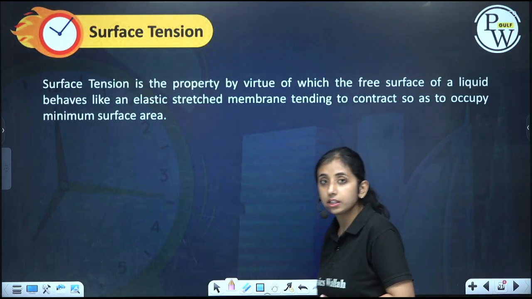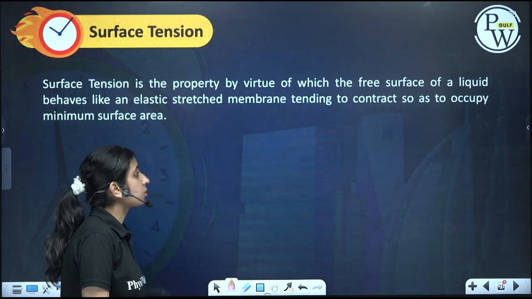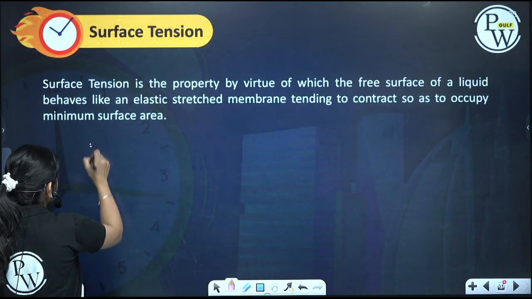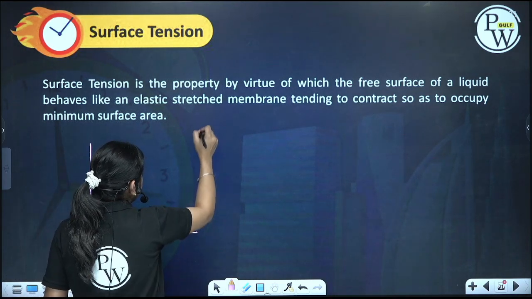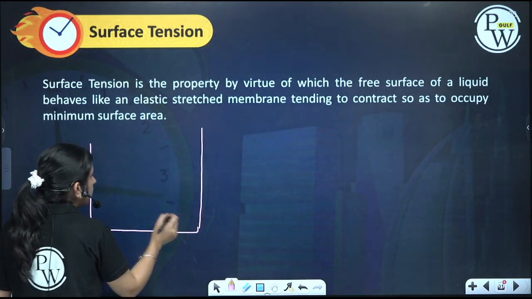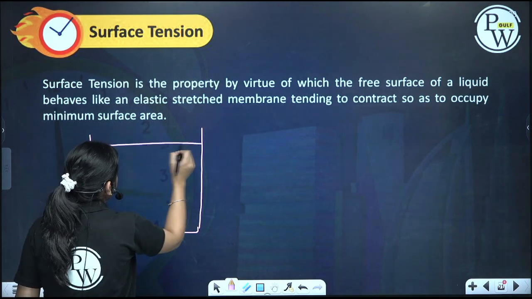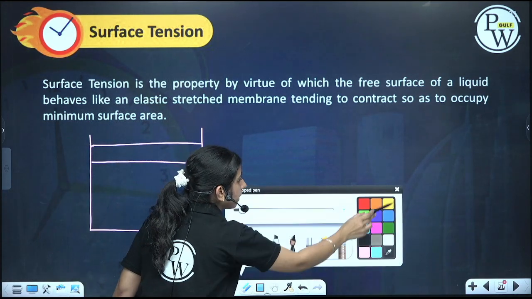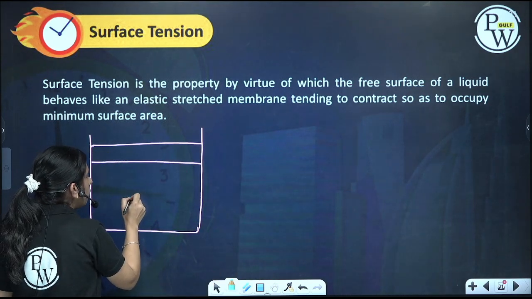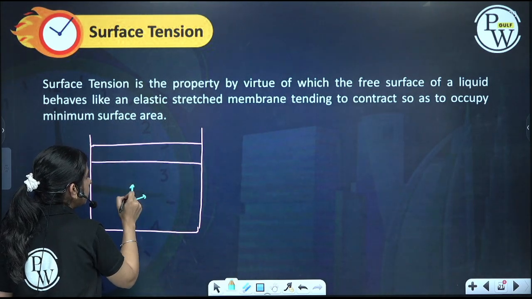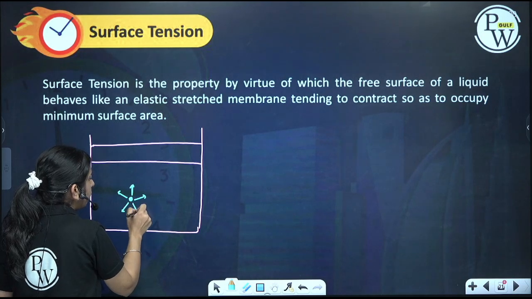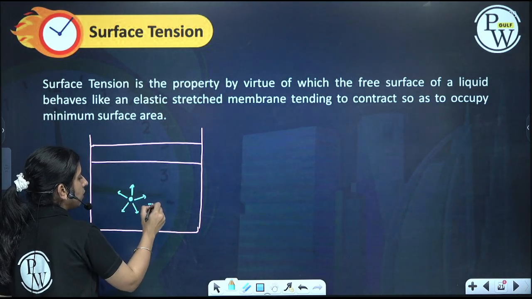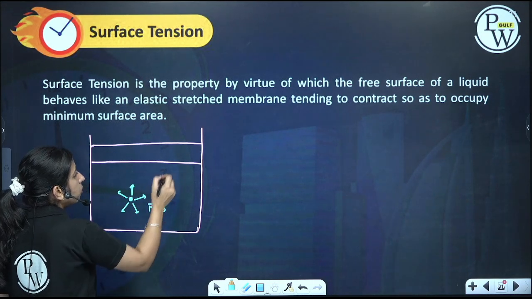Next is surface tension. Now what is surface tension? If we have a liquid in a container, the molecule in the interior has equal force from all sides, so the net force on this molecule is 0.